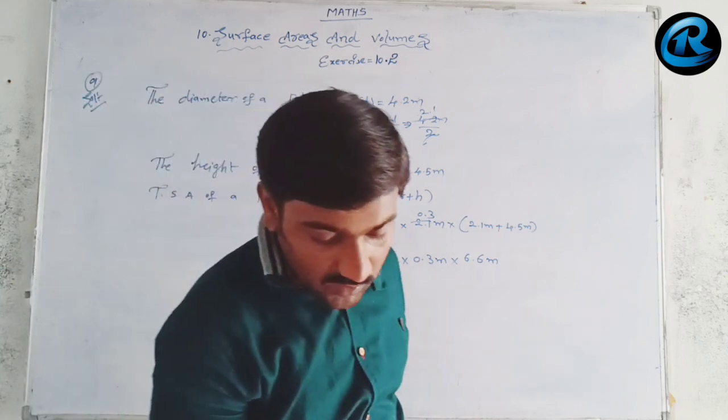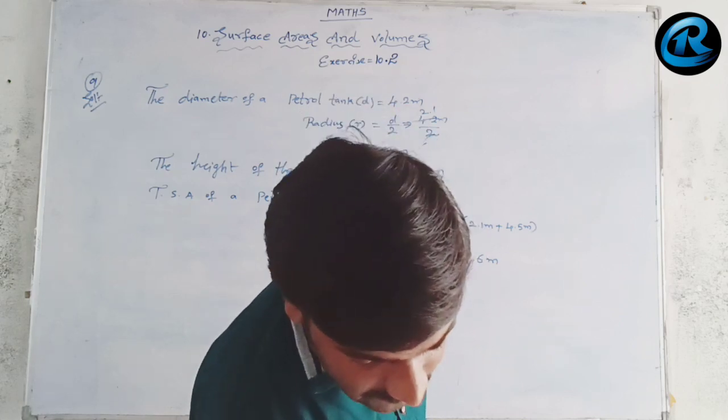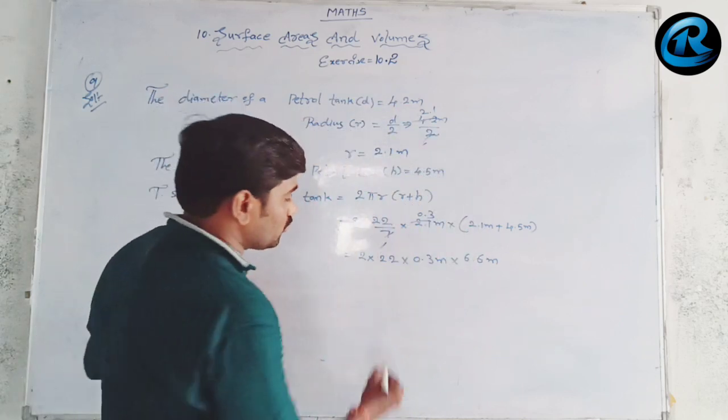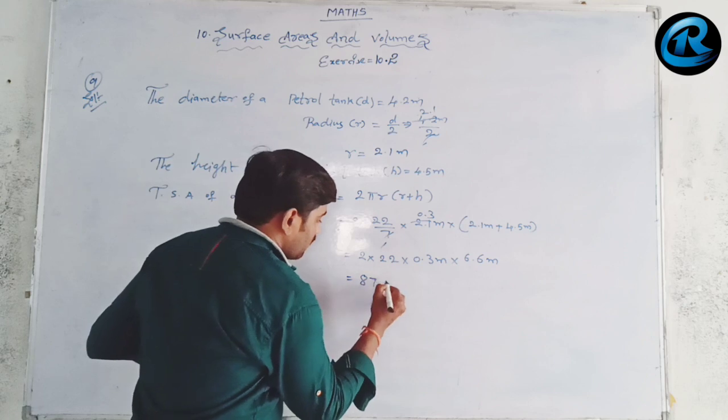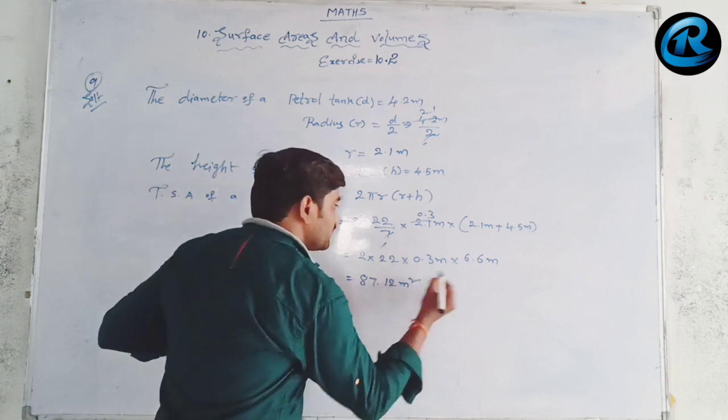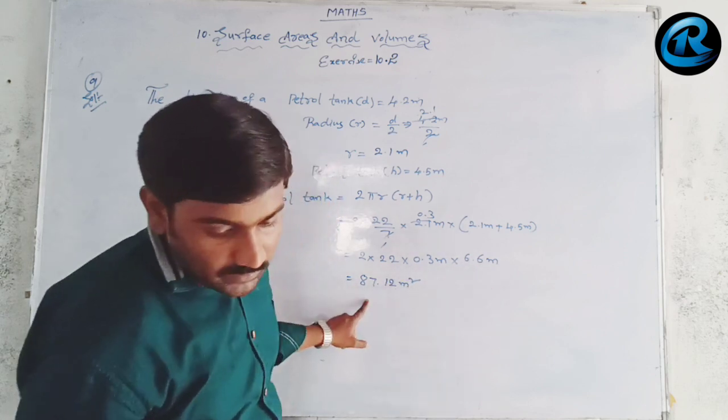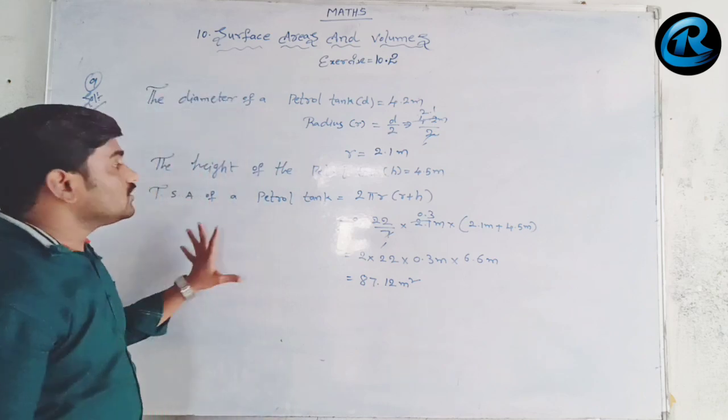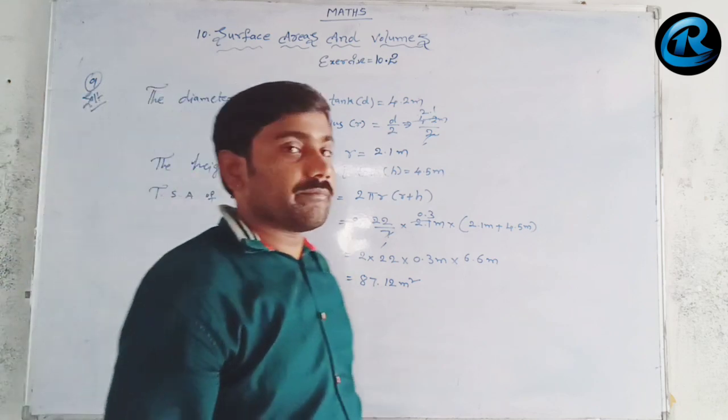When you multiply all this, you directly get the answer 87.12 meter square. So this is the total surface area of a petrol tank.